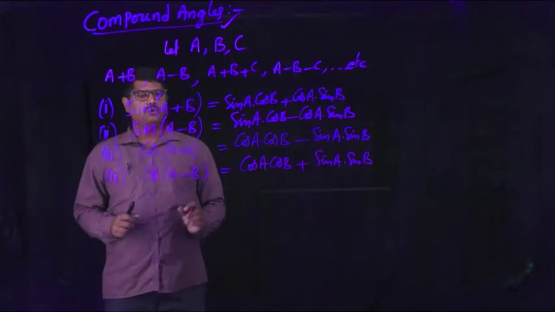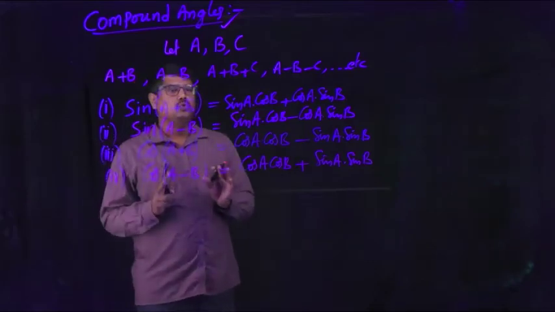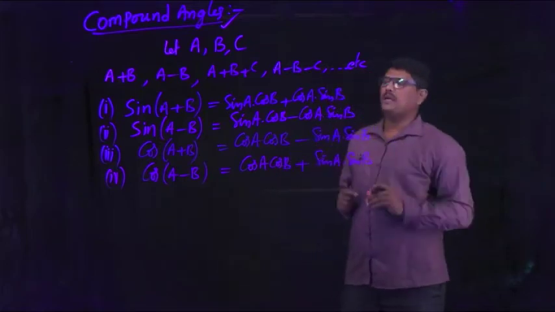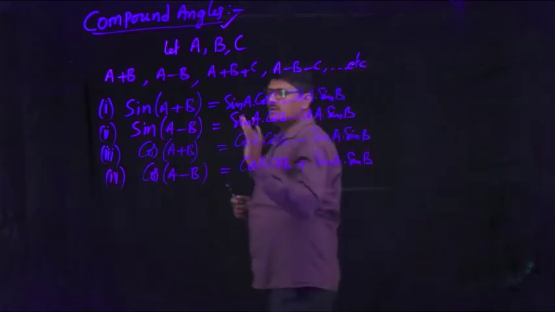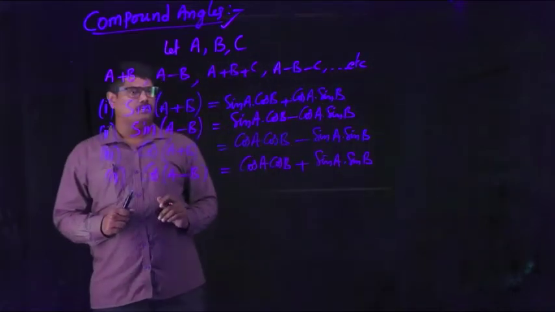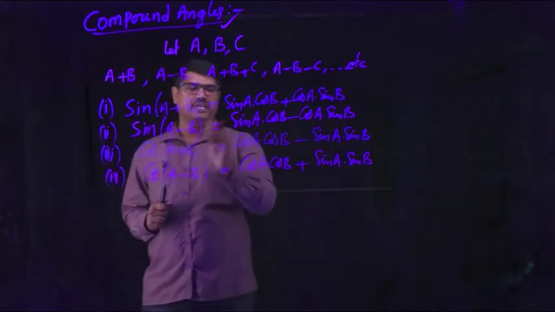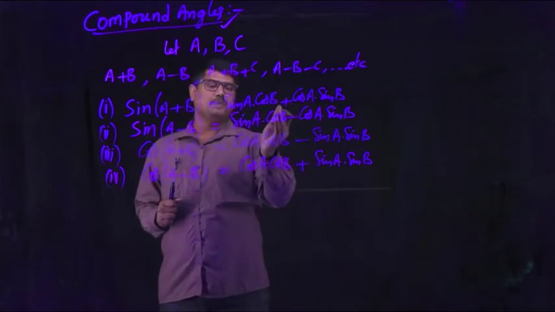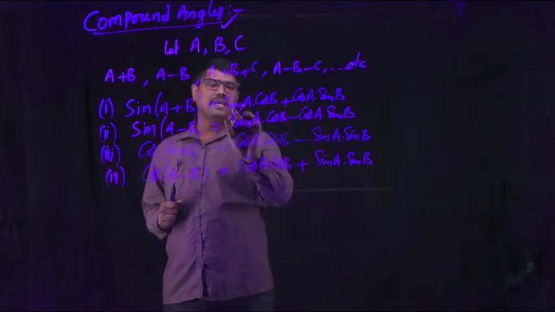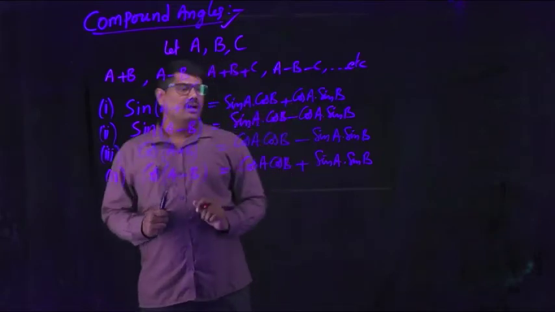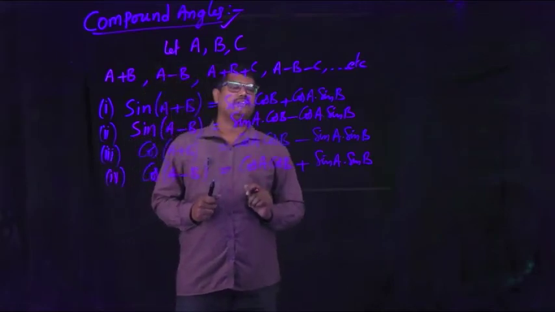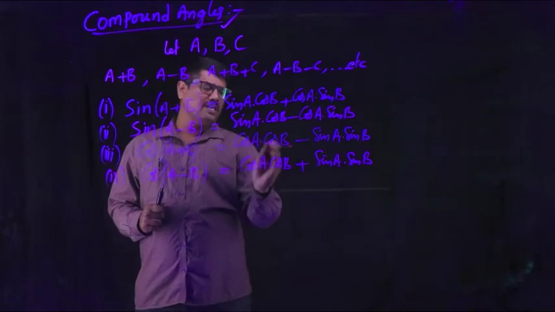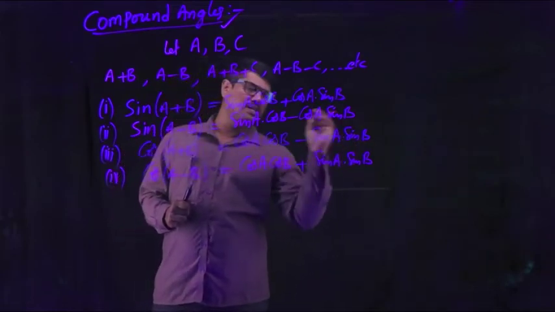First you have to practice to remember the formulas. Let me explain about these four formulas. If you observe the sine formulas, sine of A plus B or sine of A minus B, in the RHS one term has a sine angle and another has a cos angle. Whereas in the cos formulas, both cos angles are on one side and both sine angles on the other.